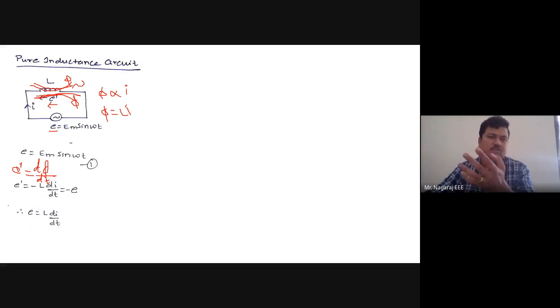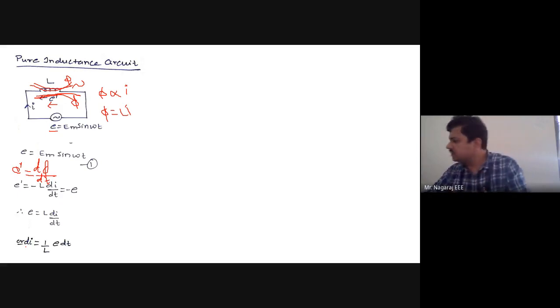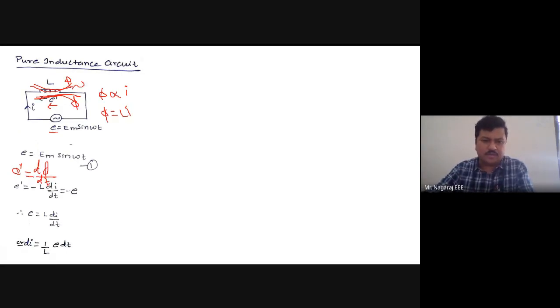Now I want to know the value of current. So I can take di equals 1 over L E into dt. I have a derivative, but I want the parameter in its own form, so I should be integrating it.